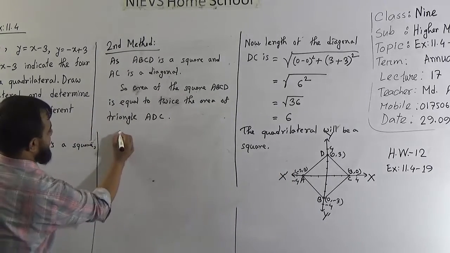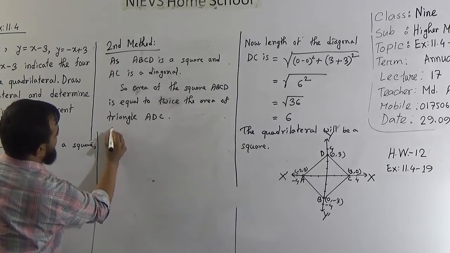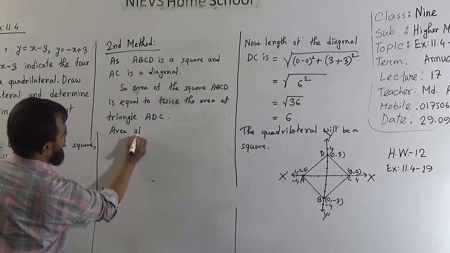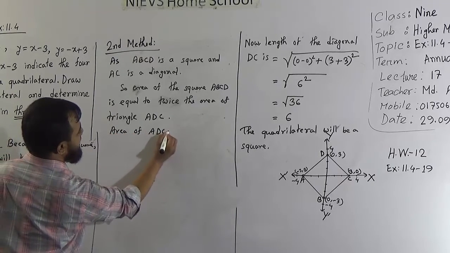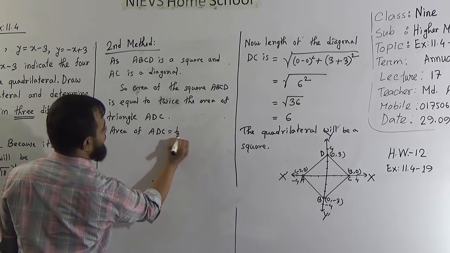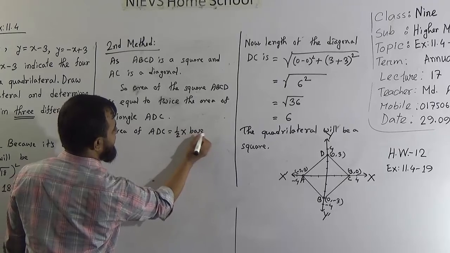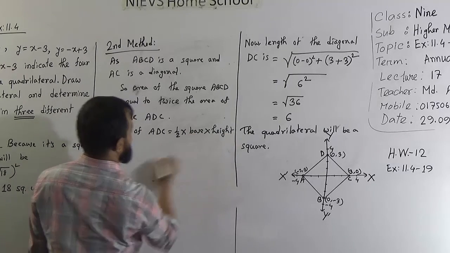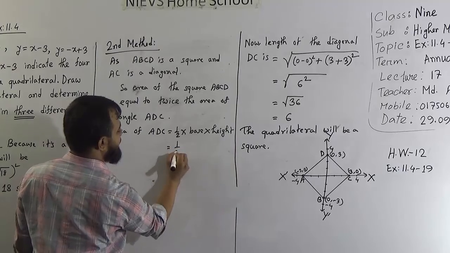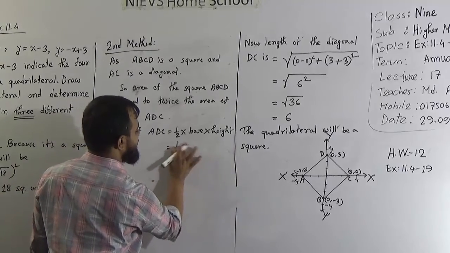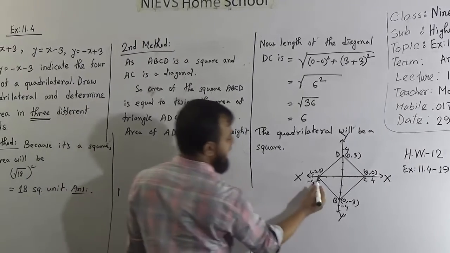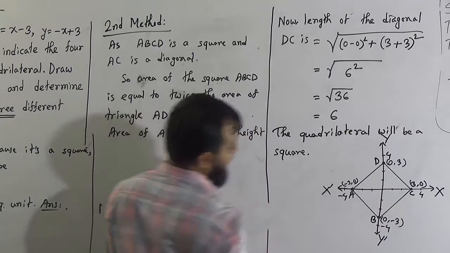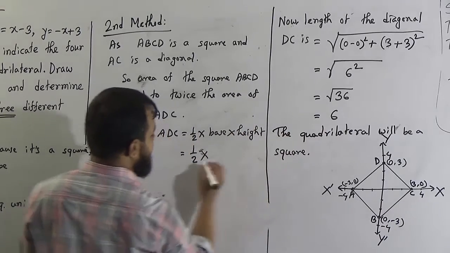Its area of ADC is equal to half into base into height. That's equal to, my dear student, half. Base is equal to how much? Base here is AC, the diagonal, and the length of the diagonal AC is 6.